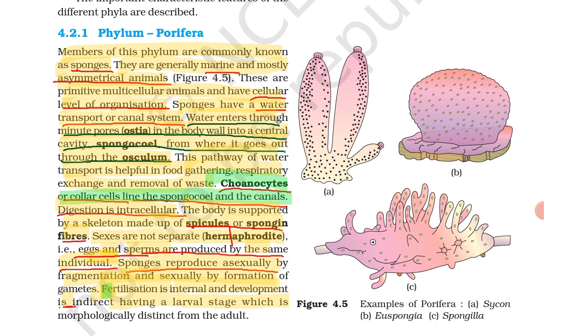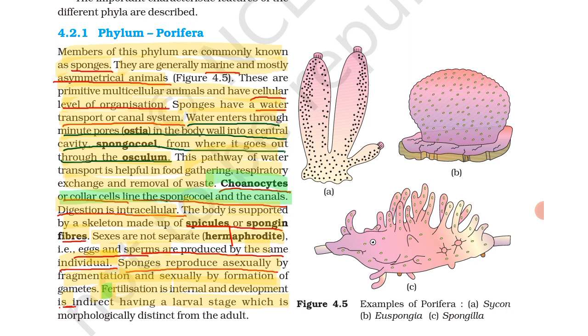Asexual reproduction in sponges is by fragmentation and sexual reproduction is by the formation of gametes. Fertilization is internal and development is indirect, having a larval stage which is morphologically distinct from the adult.